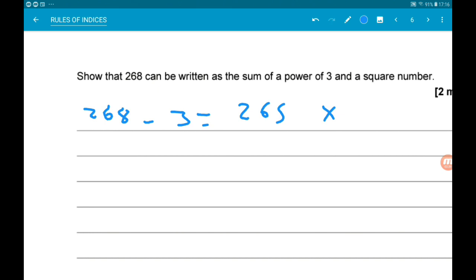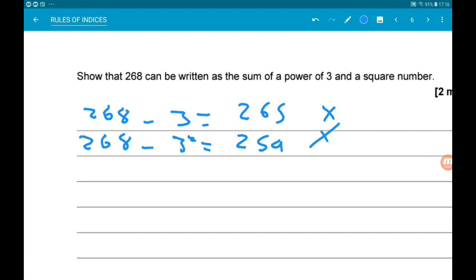So the next thing to try would be 268 minus 3 squared. So that's 268 minus 9, and that's 259. Also not square.